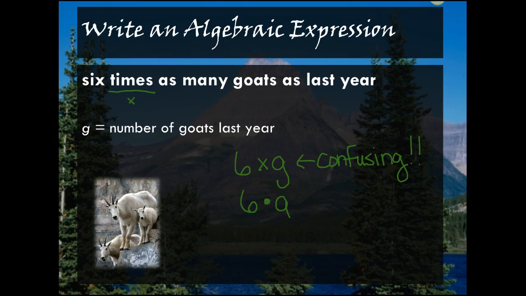However, we typically don't see that either. In algebra, we usually see the number written right next to the variable, and that indicates multiplication. The algebraic expression is best written as 6g with no space between the 6 and the g. This would represent 6 times as many goats as last year.